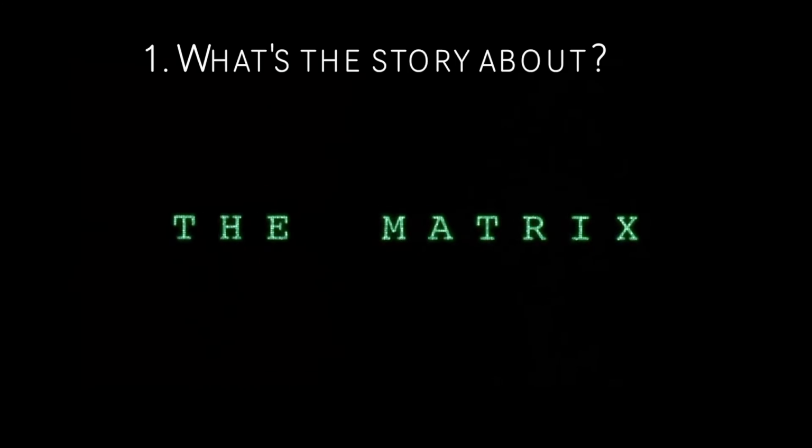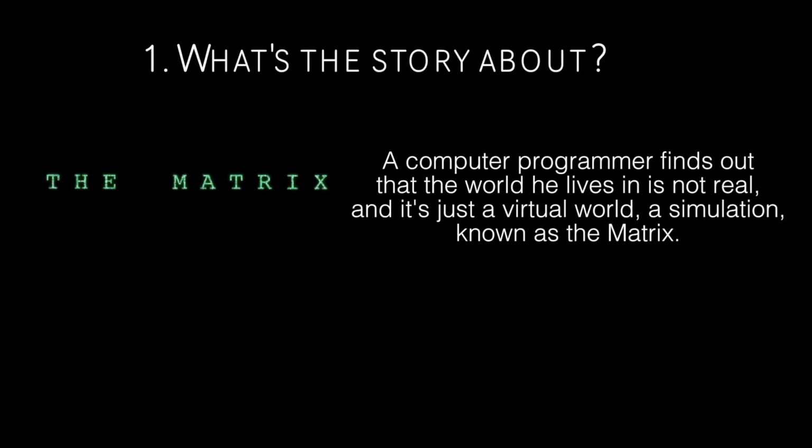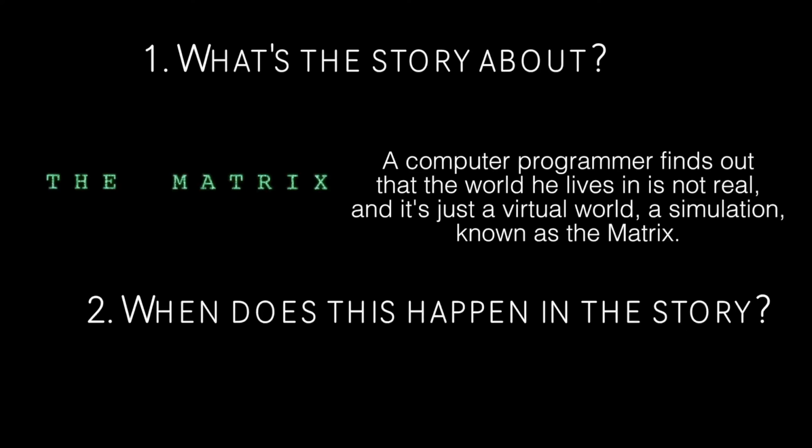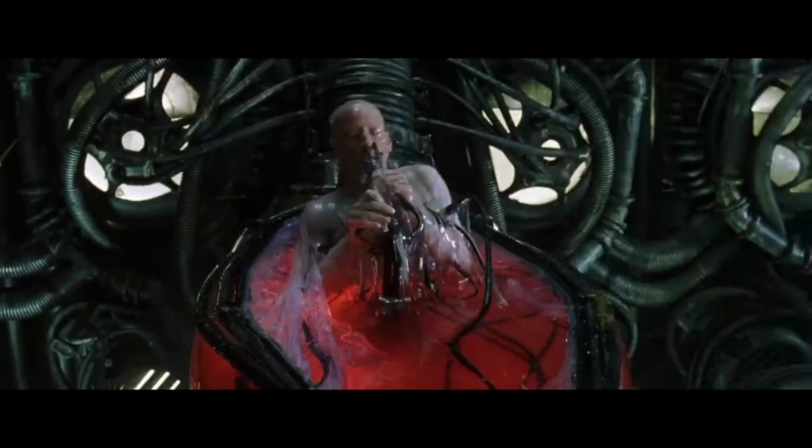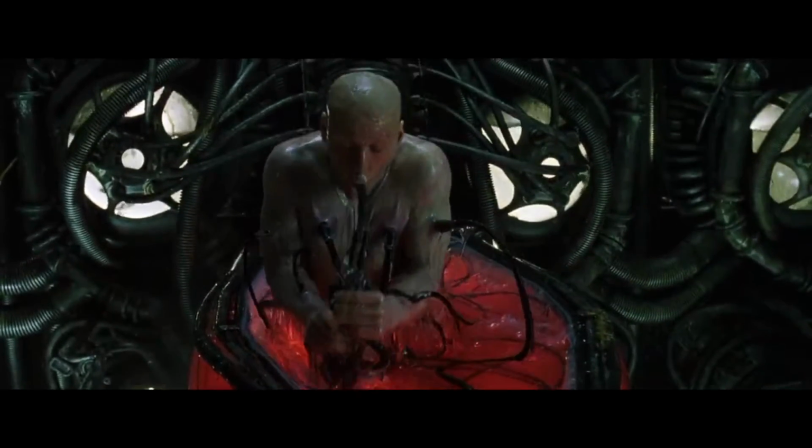What's the story in The Matrix? A programmer finds out that the world he lives in is not real. It's just a virtual world, a simulation known as the Matrix. When does this happen in the story? Act 2 begins when Neo wakes up outside the Matrix in the real world. In his everyday life, he is a computer programmer and a hacker.